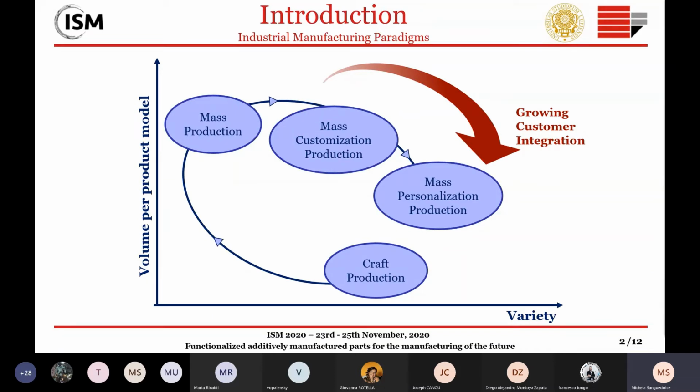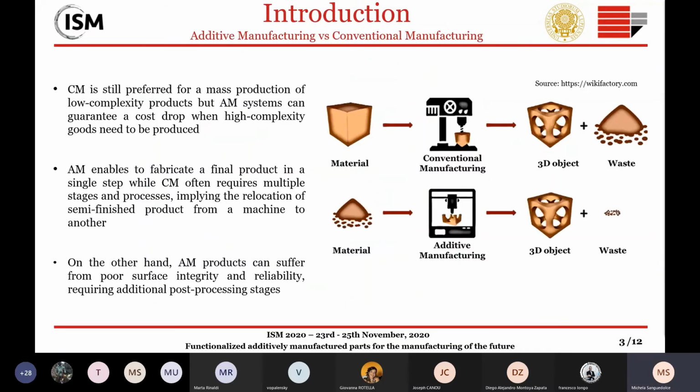is additive manufacturing. In fact, if conventional manufacturing is still considered the best choice in terms of costs when low complexity goods need to be manufactured, for high complexity goods and highly customized products, additive manufacturing guarantees a significant cost drop.